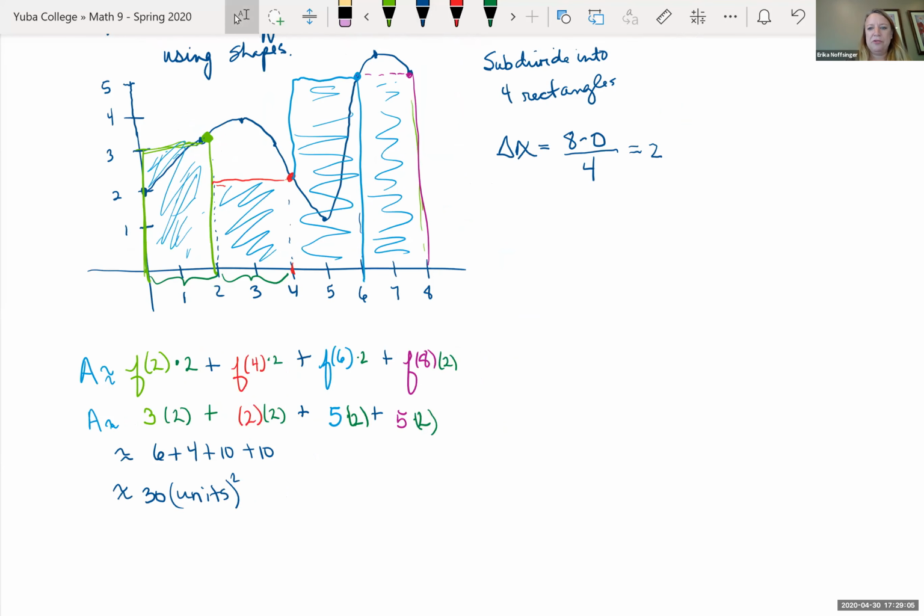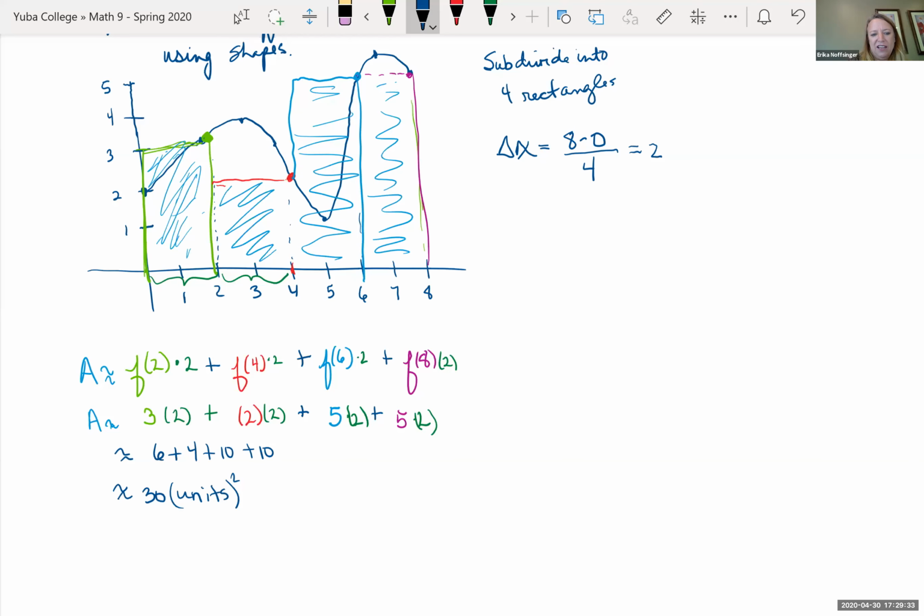Okay, so if I broke that down into 8 different rectangles, I would get a better estimate. So notice if I didn't put the stipulation that that function had to be above the x-axis, if I was looking at f of an x number and it fell below the x-axis, that would give me a negative number.